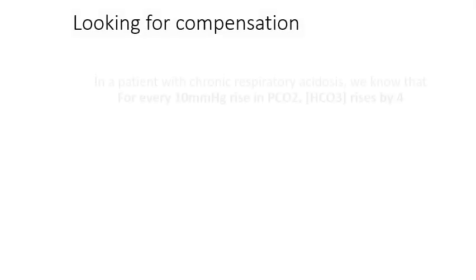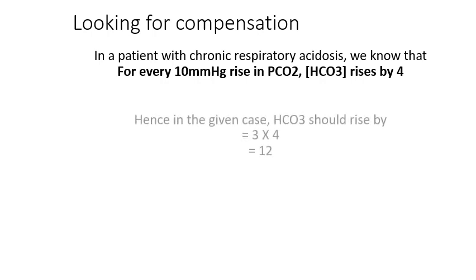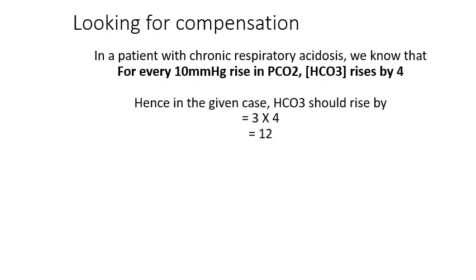So looking for compensation, in a patient who has chronic respiratory acidosis, we know that for every 10 millimeters of mercury rise in PCO2, the bicarb rises by 4 milliequivalents under normal circumstances. In this case, PCO2 is 70, so it has increased by 30. For that, the bicarb should rise by 3 times 4, that is 12 milliequivalents.